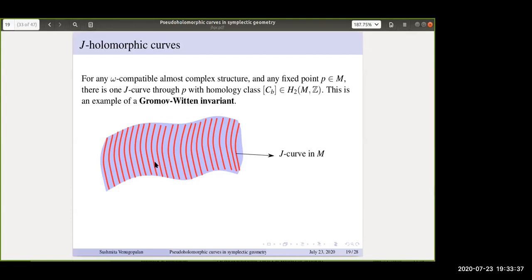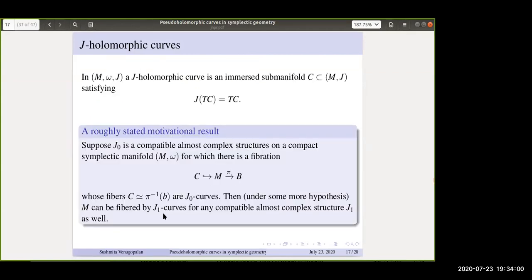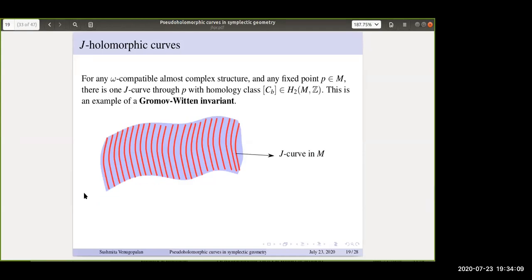What happens in this situation is that if you fix a point P, there is one J curve passing through the point P of the same homology class as the fibers. Earlier we said that there are these fibers C_b, right? For any base point b in B, C_b is a curve. So if you take the homology class of that fiber and ask, through any point in the manifold, how many curves of this homology class are J holomorphic, the answer is 1.